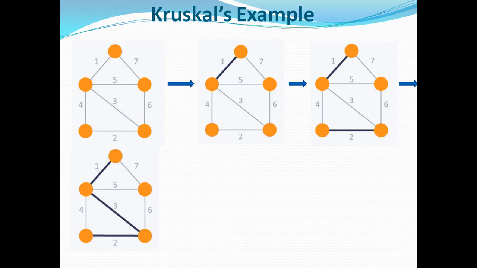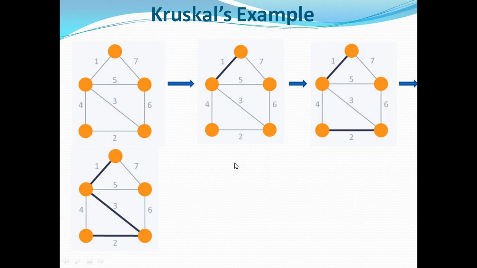4. But remember, if you connect the 4, then there is a cycle. So 4 is the smallest among all the remaining edges, but connecting 4 violates the condition of the spanning tree.